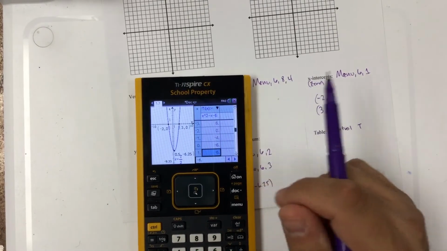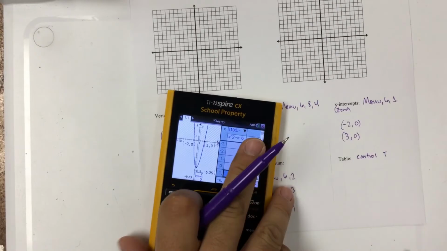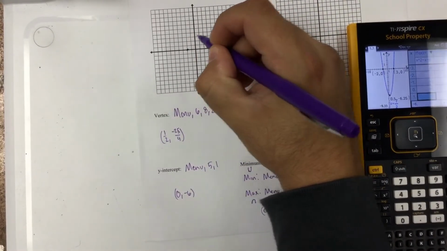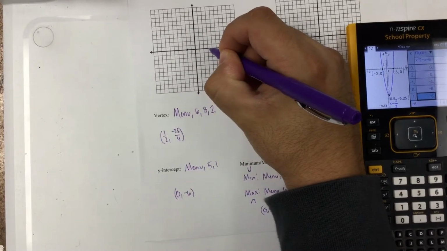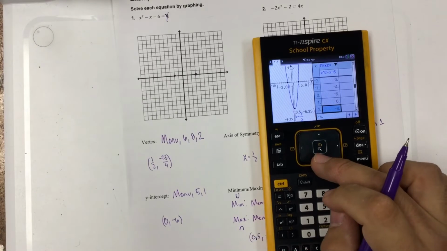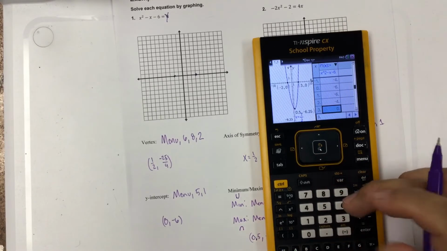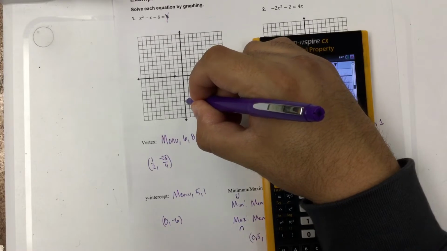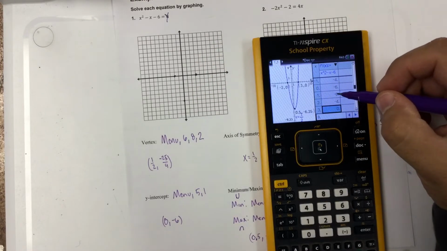And I'm just going to take these numbers and make my graph now. I already knew that my roots were at negative 2, 0, and 3, 0. All right, so those are my roots. And over here, I'll just plot a couple of points. We have 0, negative 6, and then 1, negative 6.